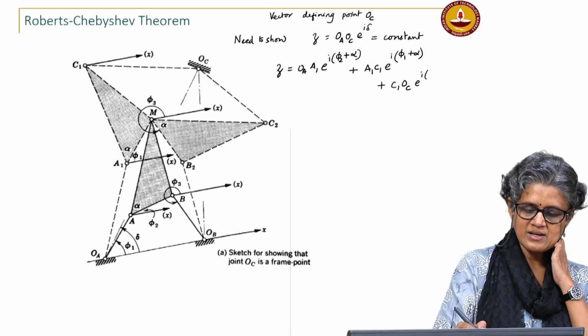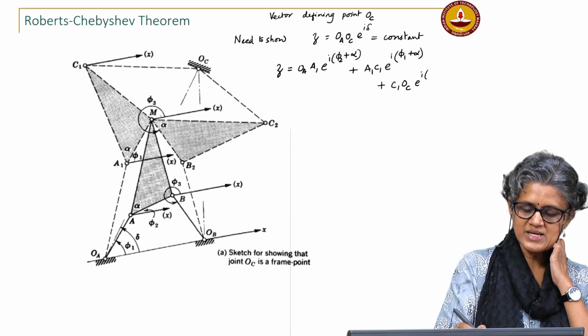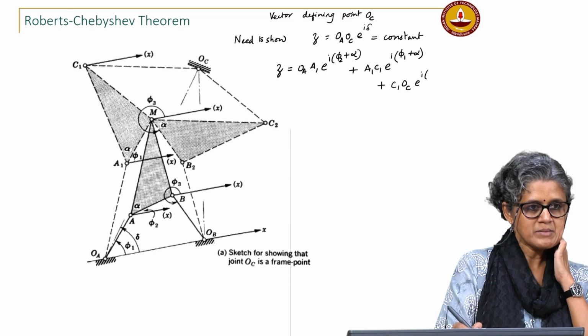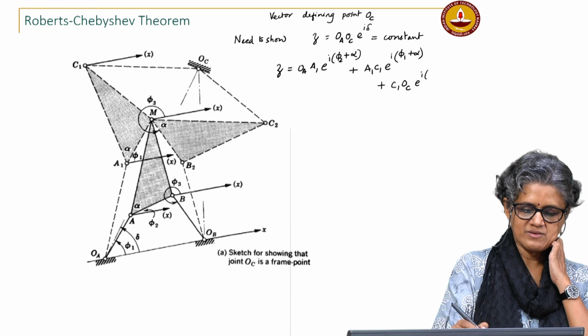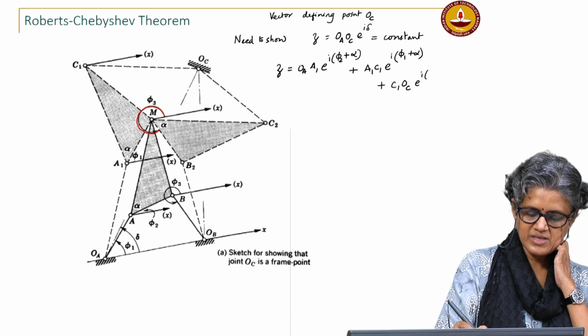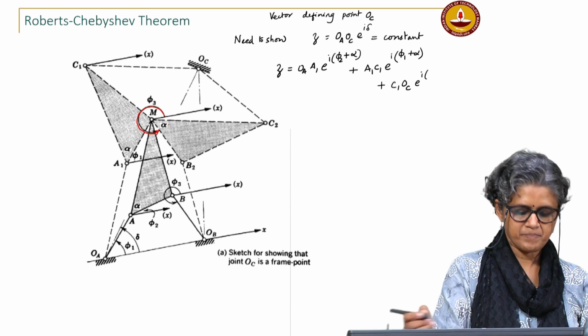So, the angle of MC2 with respect to the x axis is phi 3 plus alpha, this angle here, this is phi 3 plus alpha.